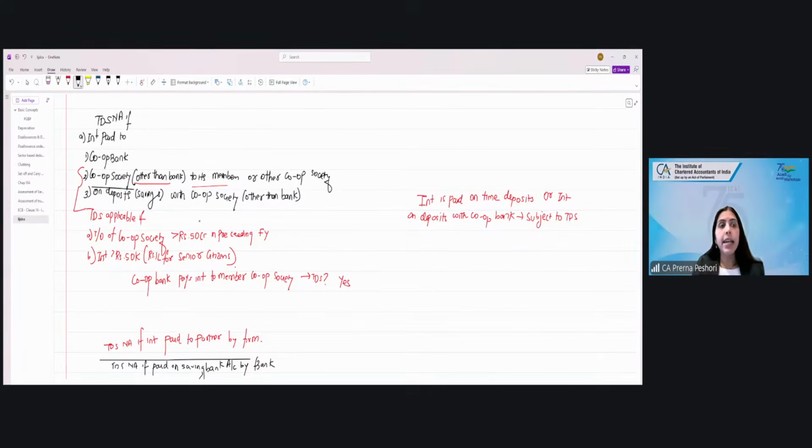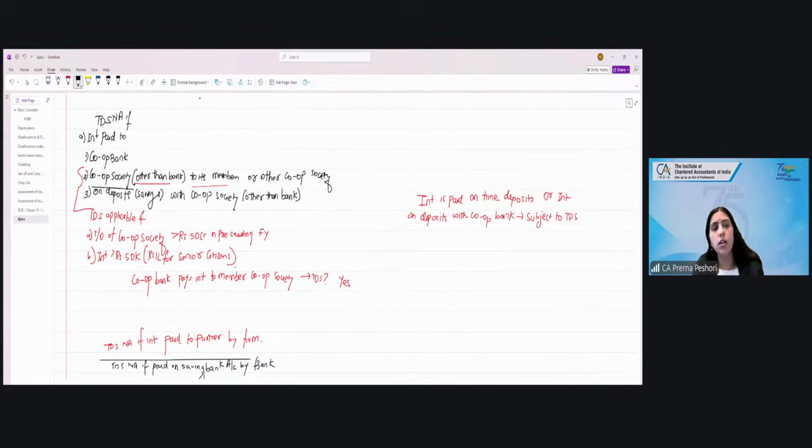Clear? Interest which is paid in respect of the deposits with a cooperative society which is engaged in the carrying on of the banking business. But these should be the saving bank deposits, not the fixed deposits, not the RDs.